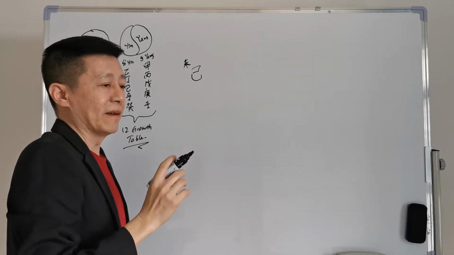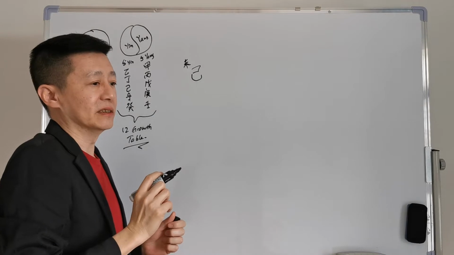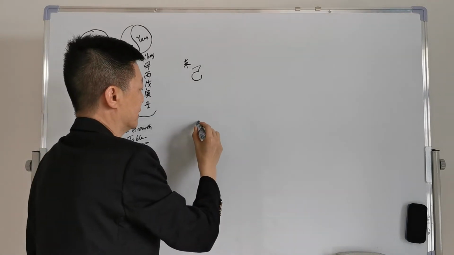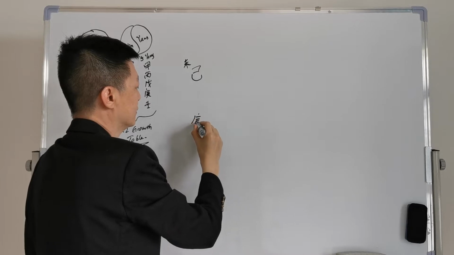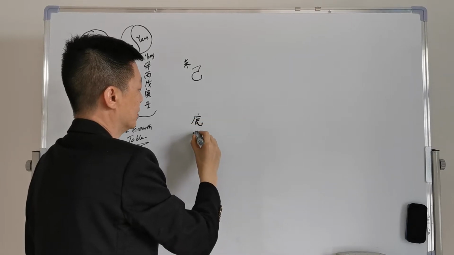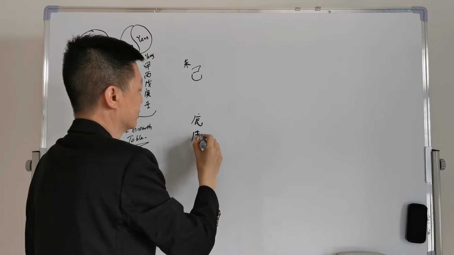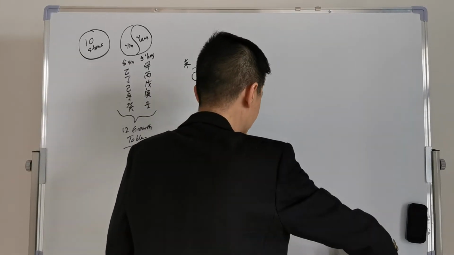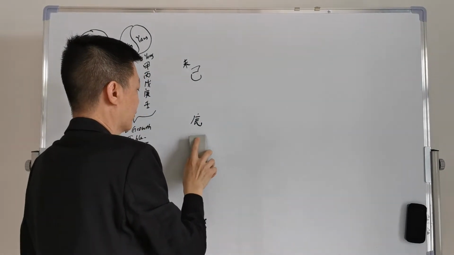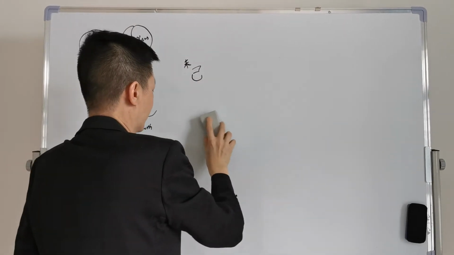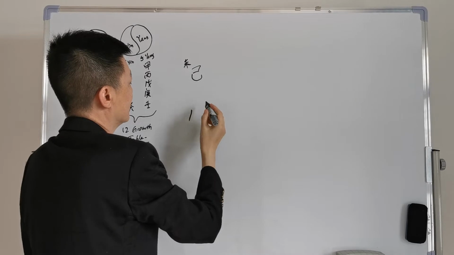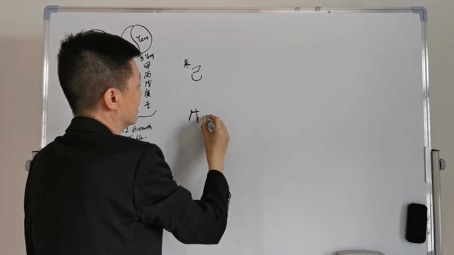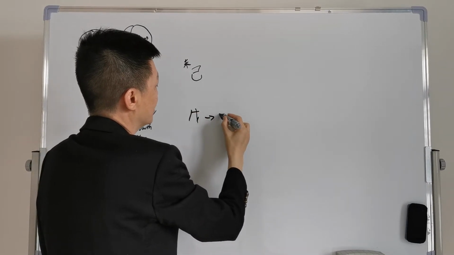So how do you differentiate? You have the dragon, you have the dog. You have the Wu day master that belongs to the dragon.